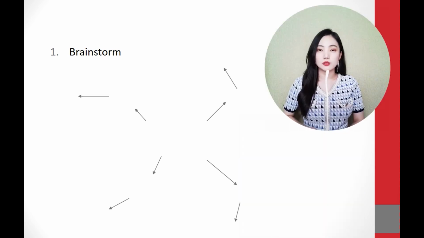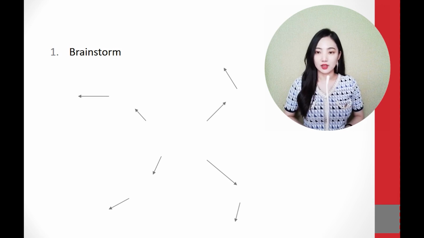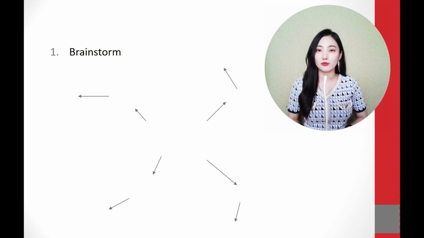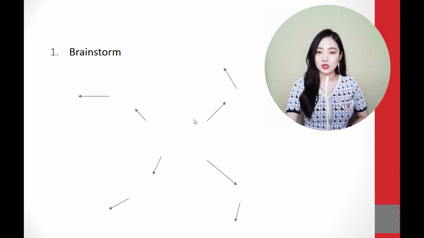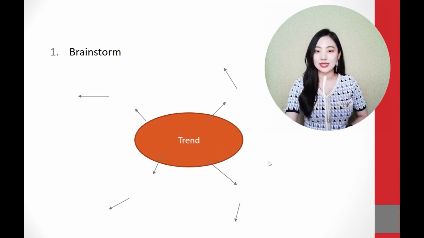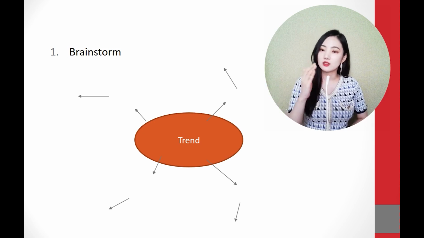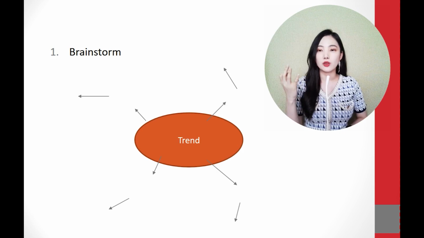So remember the first step was brainstorming. So brainstorming is very similar to mind map. Have you ever had a mind map before? So here my topic is trend. So in brainstorming or mind map, I don't care about sentence or maybe just word, or I don't care about the order.